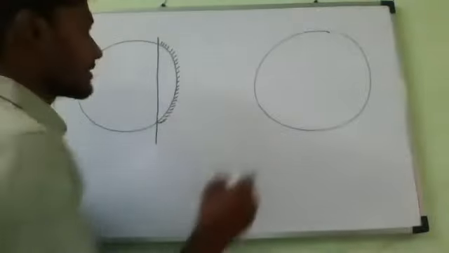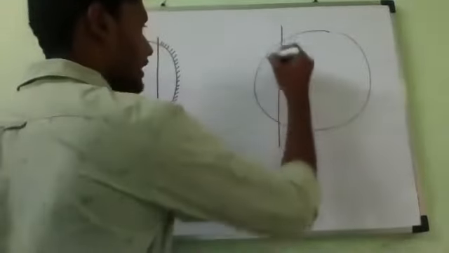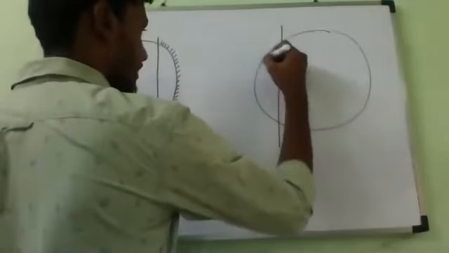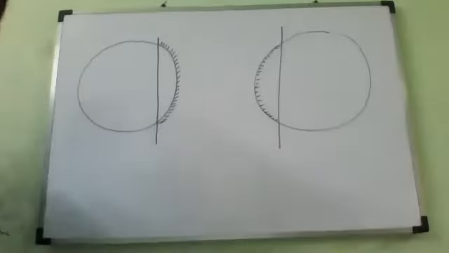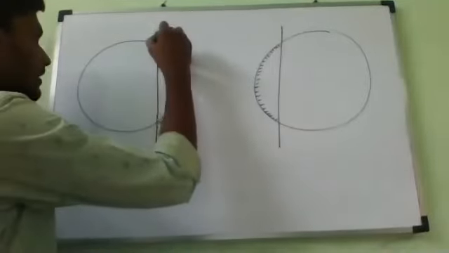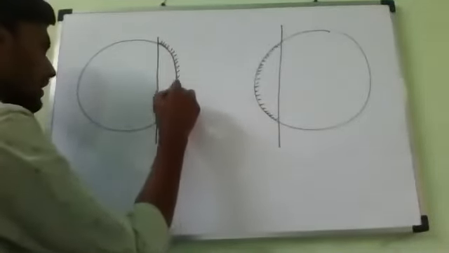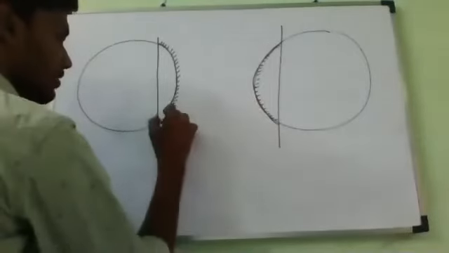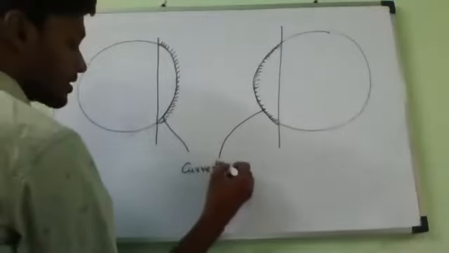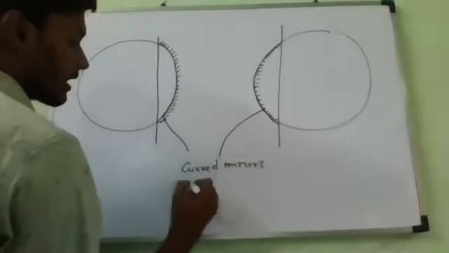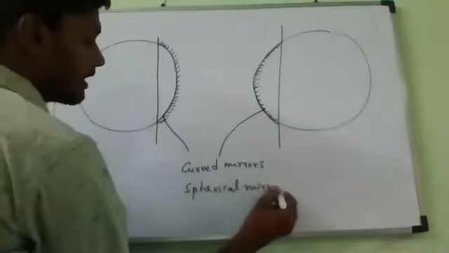In the same way, if I slice here and make the inside non-reflecting, then this particular part looks like a curved surface, and this also looks like a curved surface. So these two are called curved mirrors, or else spherical mirrors.